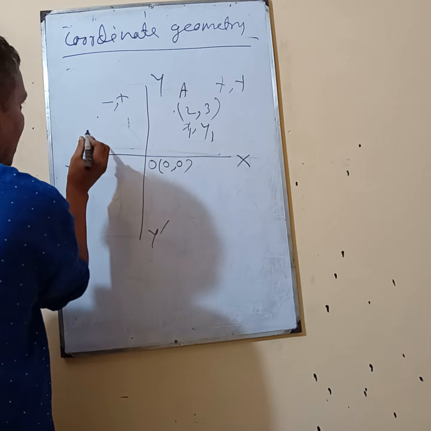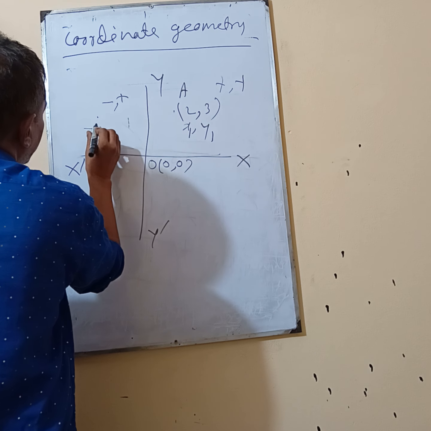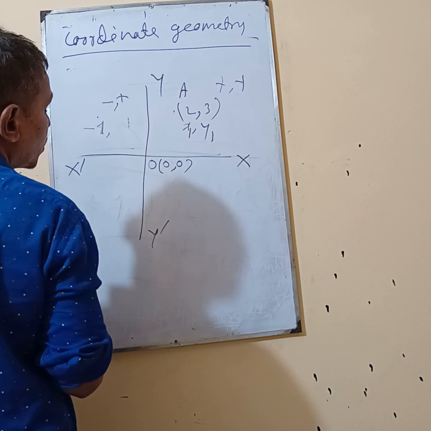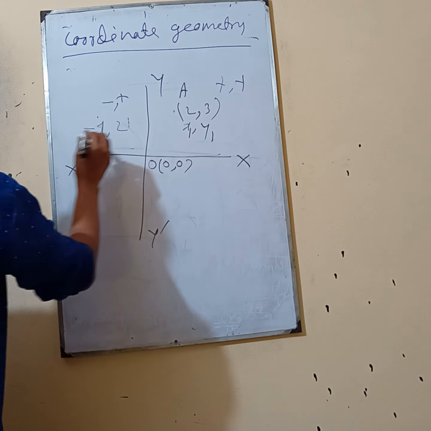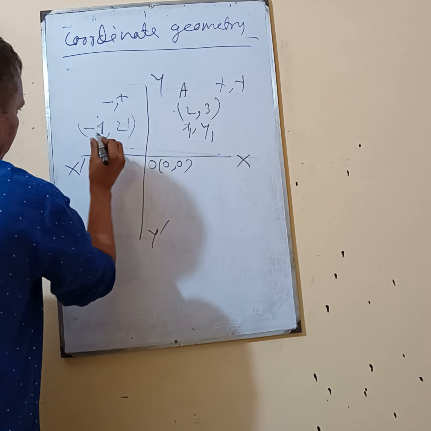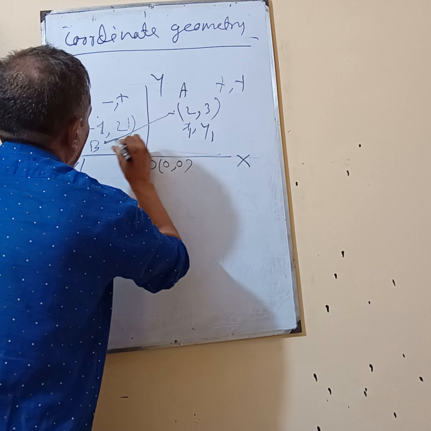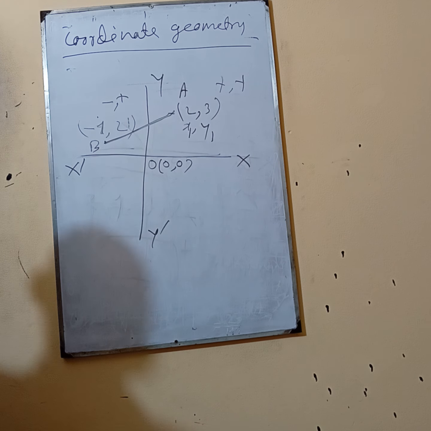So x is equal to, suppose, minus 4, and y is equal to plus 2. This is the point B. Now B to A or A to B.